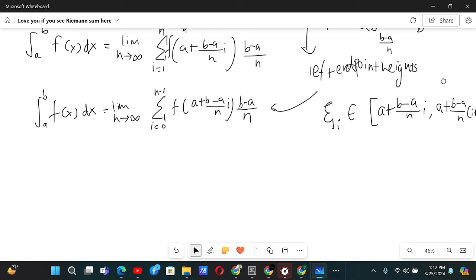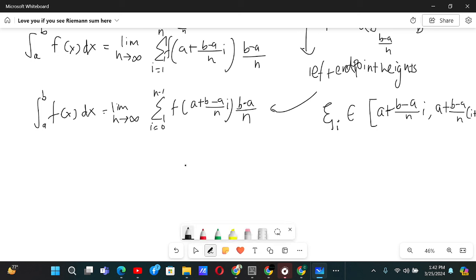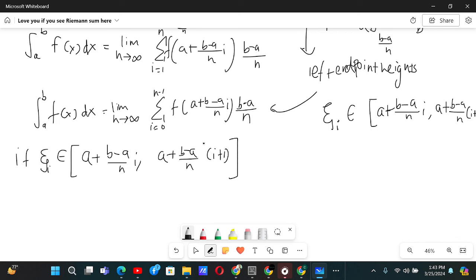That's why I can also define this in a different way. So the new definition is, if chi of i belongs to the interval from a plus (b minus a) by n times i to a plus (b minus a) by n times (i plus 1), basically these two endpoints also belong in this interval, so they are special cases of chi of i values.